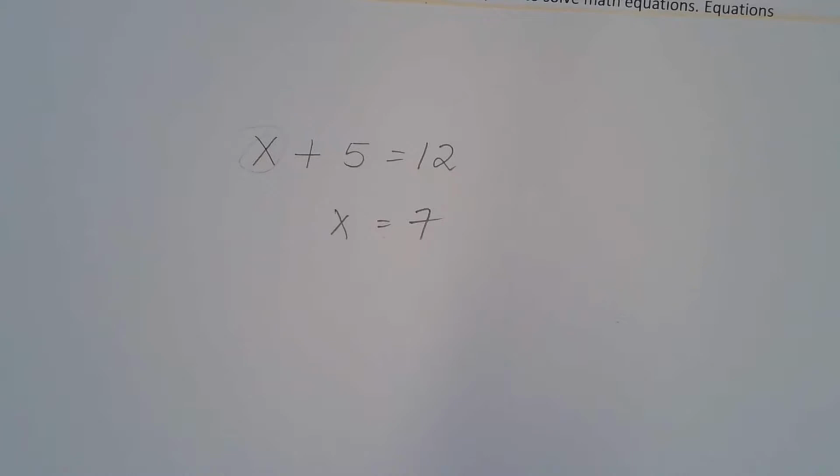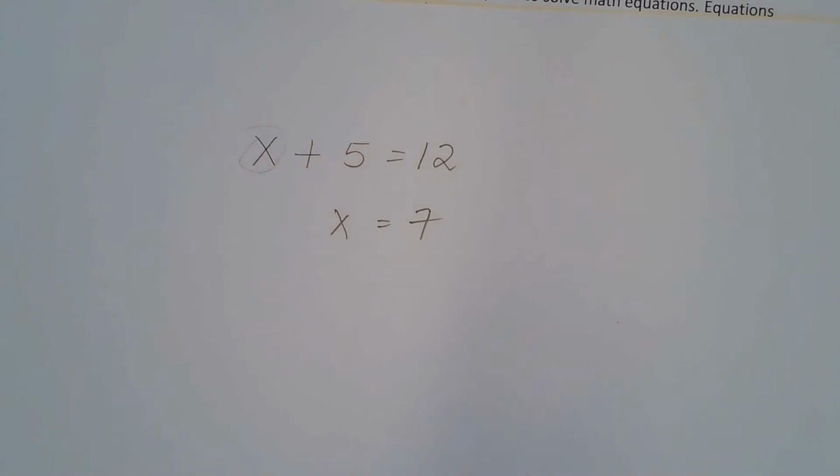Sean said he sees a plus 5 here, and he's going to reverse it, which is the opposite of plus, a minus, which connects to what Betty talked about earlier. 12 minus 5. Good.